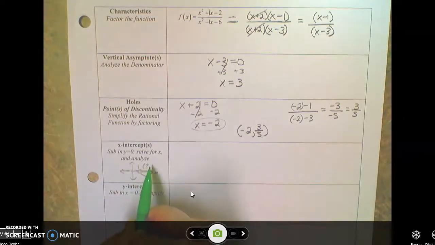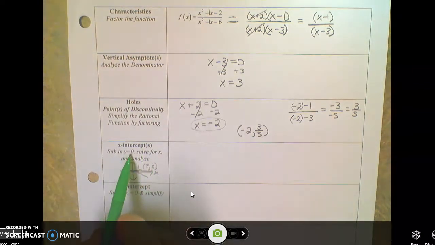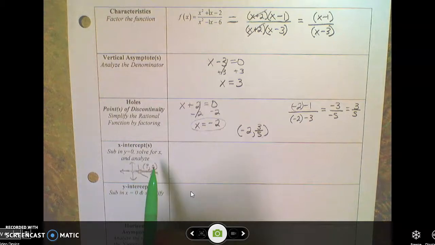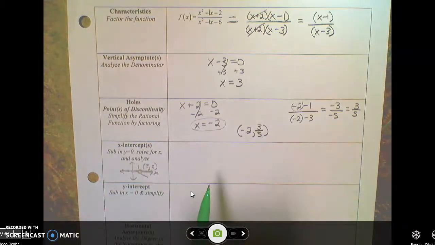What we're going to concentrate on is finding the x value, but we already know that the y value is 0. And you can see in the directions here it says substitute y equals 0, solve for x and analyze. Now sometimes there isn't an x-intercept, so when we go to find it, it won't make sense, which tells you that there isn't one.